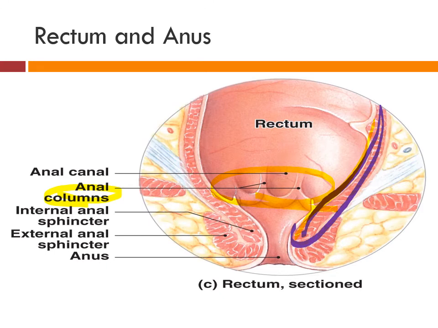And then the external anal sphincter is this outer muscle here, and that is skeletal muscle under voluntary control. And it's really awesome that we have voluntary control over our defecation, because you don't want to just defecate whenever it feels like, whenever you have that involuntary mechanism.